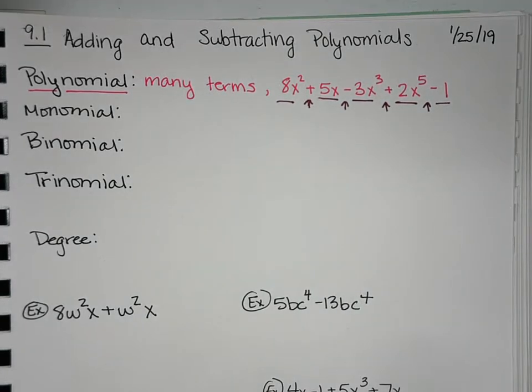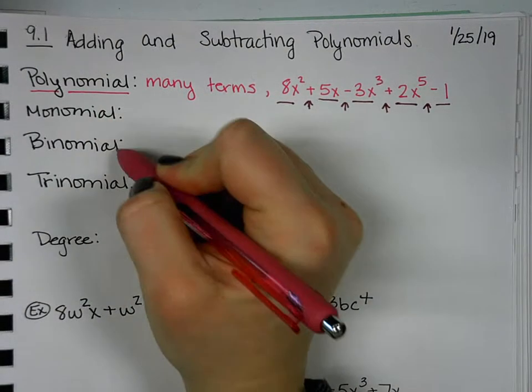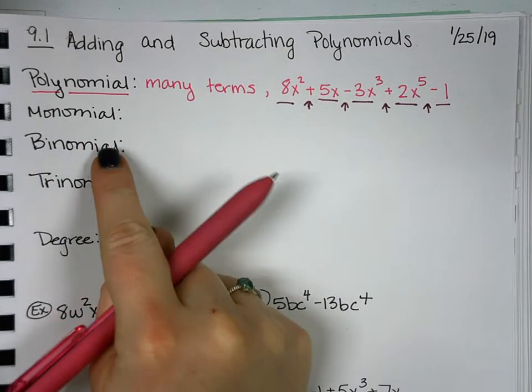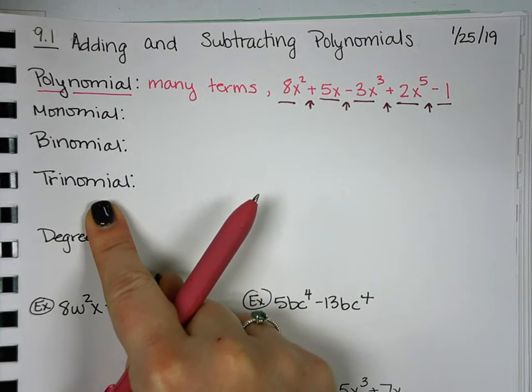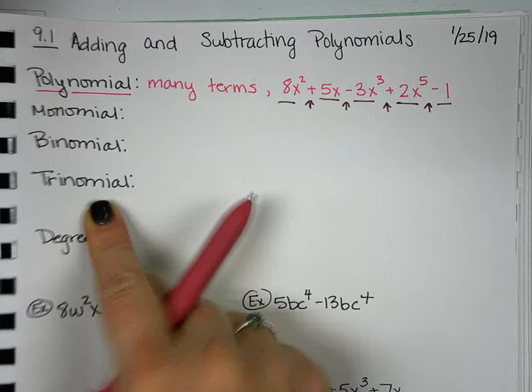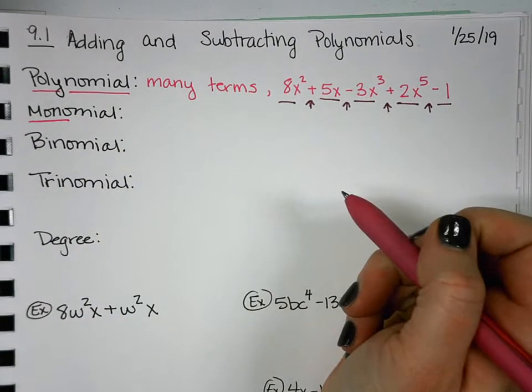Okay, we can have other sizes. Like I was saying, polynomials can be any length you want them to be. There's 3 though that we have special names for. And that's these 3 here. The monomial, binomial, and trinomial are special types of polynomials, but they're still a polynomial. So when you hear mono, what do you think? 1.